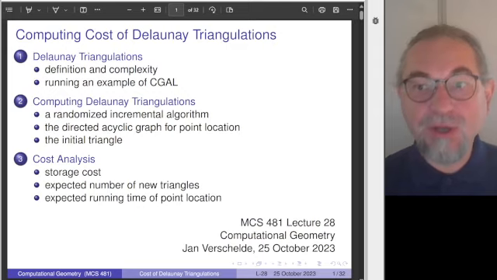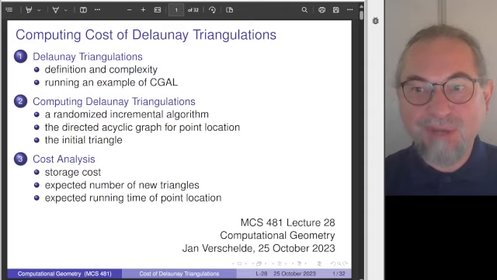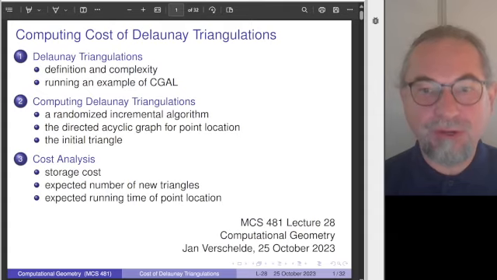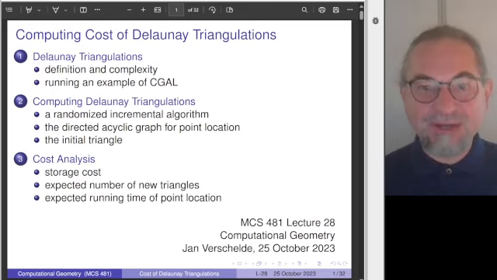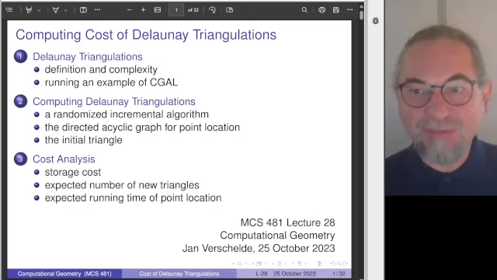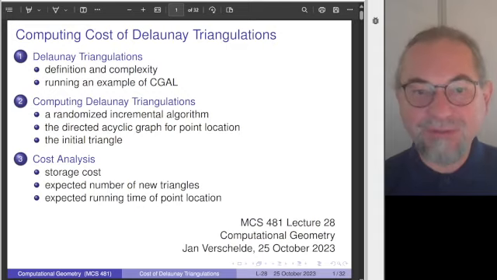So today we will analyze the cost of an incremental randomized algorithm, or a randomized incremental algorithm, to compute Delaunay triangulations. I will start by trying to make this lecture as self-contained as possible, but we are in the middle of week 10 of the semester.